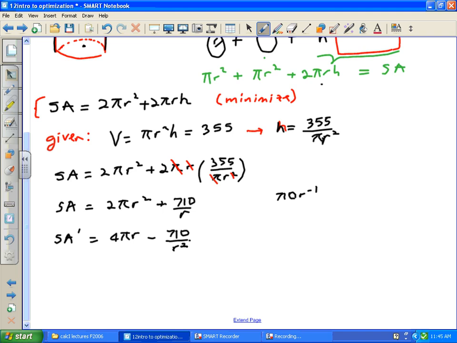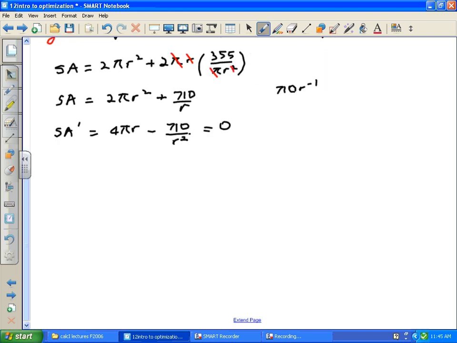Now we set the derivative equal to 0 and solve for r. The easiest way is to put the second term on the other side and multiply both sides by r squared. So now you'll have 4 pi r times r squared, so that's 4 pi r cubed. On the other side, when you multiply by r squared, the r squareds disappear. You get 710.